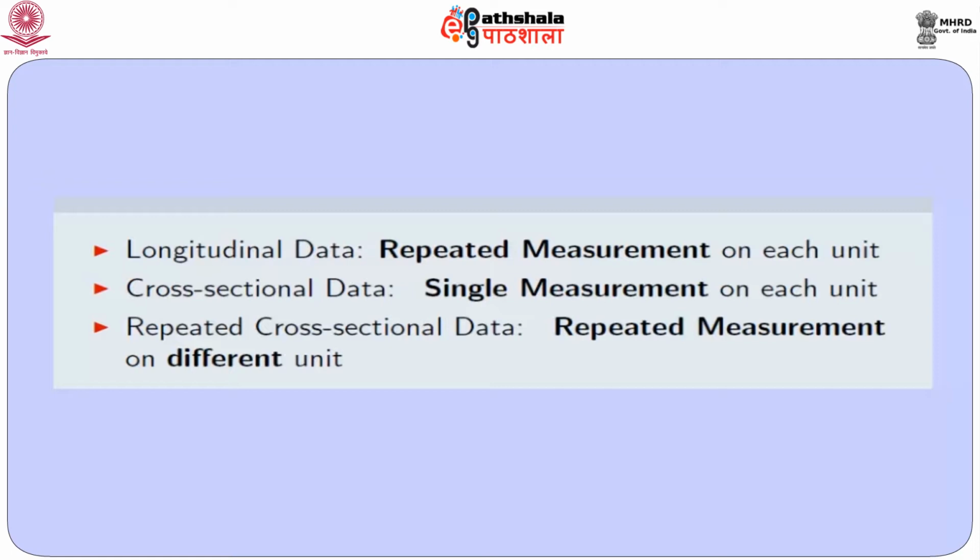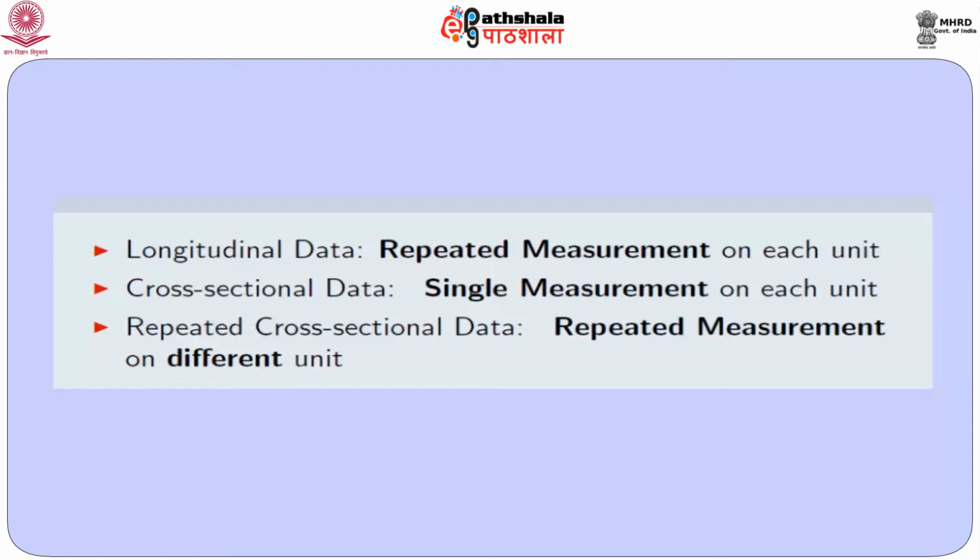Epidemiological data or single survey data are generally cross-sectional data. Now, longitudinal data are sometimes called panel data in the context of econometrics or economic statistics, and cohort study in the context of epidemiology.